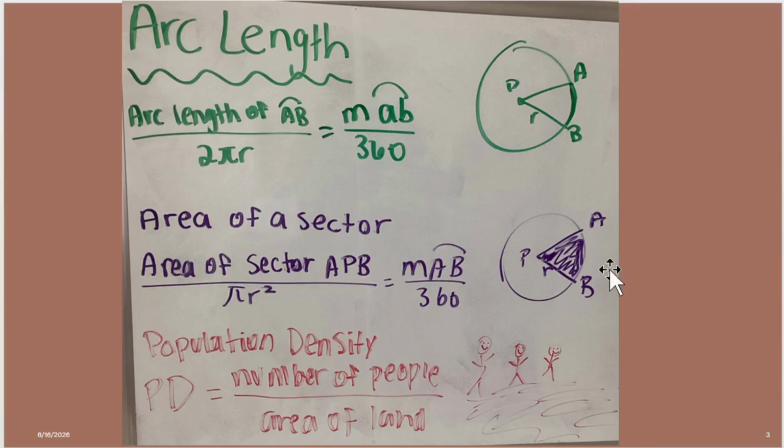So if there's 500 people and there's 5 miles, then, for example, this would be the population density. Okay? In many of the area of a sector problems, that's what comes in handy afterwards, like the area of the land.